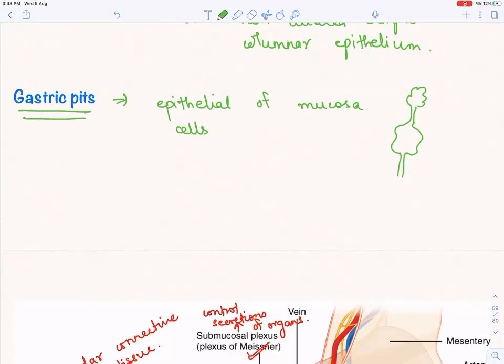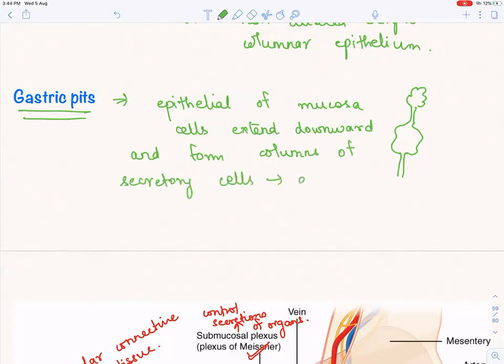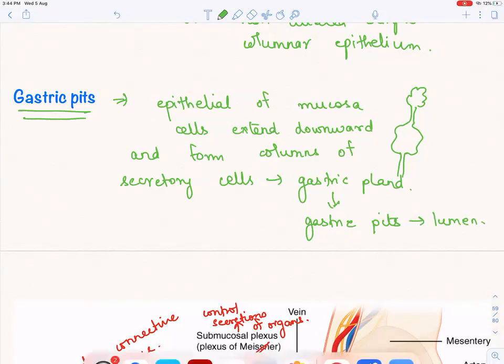The epithelial cells extend downwards and they form columns of secretory cells. And these are gastric glands. The secretions of these gastric glands flow into the gastric pits and then into the lumen of the stomach.